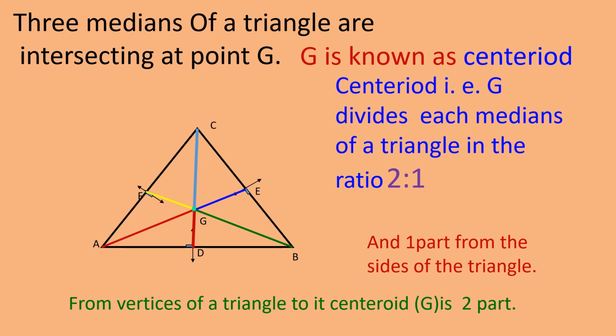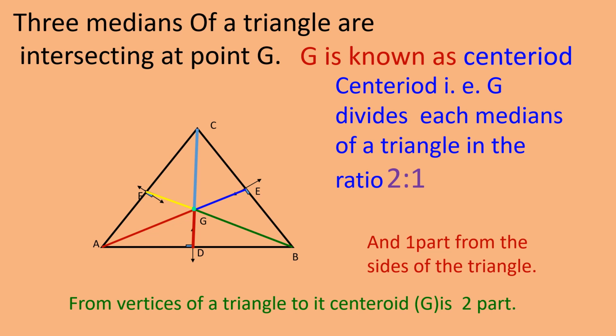So you can say that the full AE is divided in the ratio AG to GE. AG is to GE. In the same way CG is to GD. Clear? I hope it is clear. So you can also say that CG is 2/3 of CD.